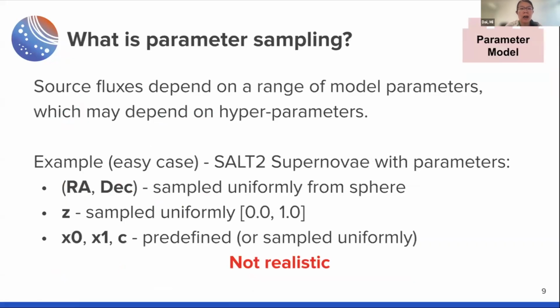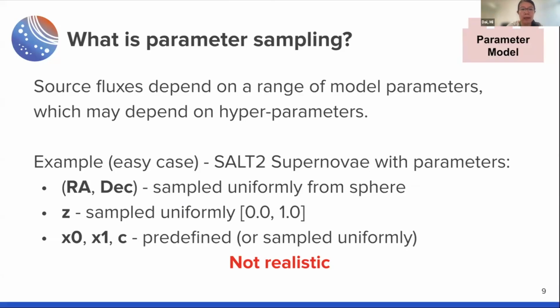So now let's go back and talk about every different component. The first thing I wanted to talk about is the parameter sampling, or the parameter model, you see in our pipeline diagram. Let's start with a very simple example. Source fluxes depend on a range of model parameters that can also depend on hyperparameters.